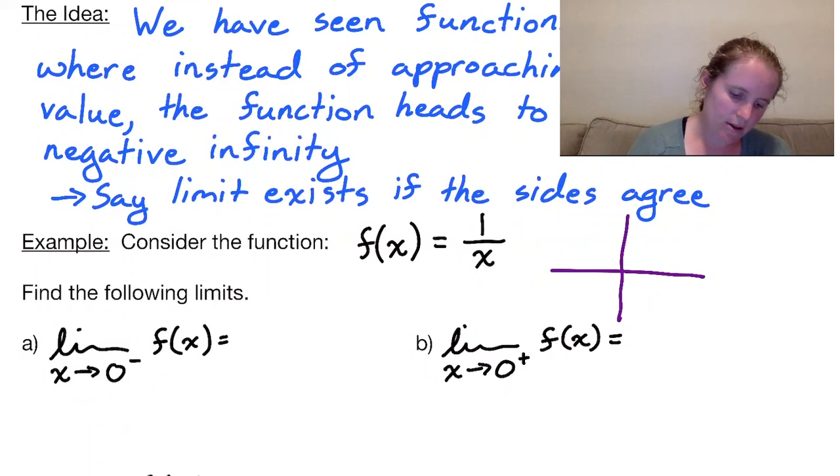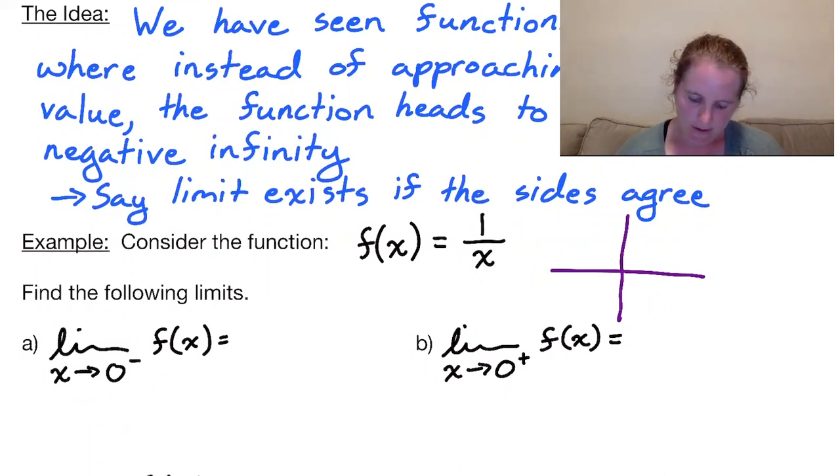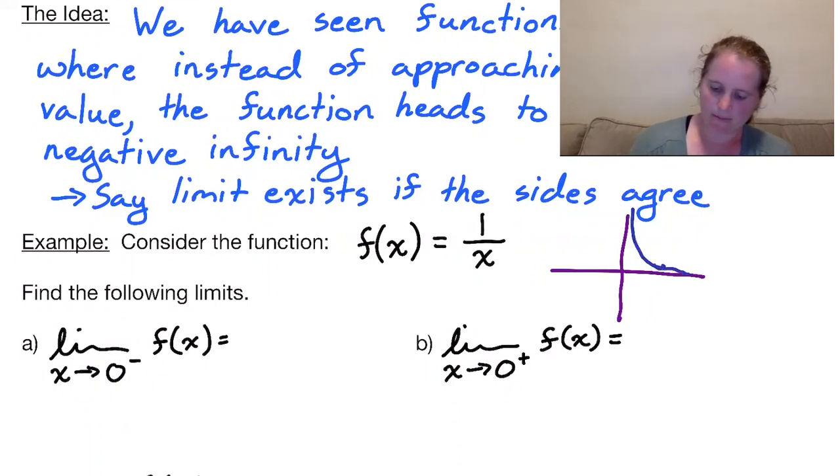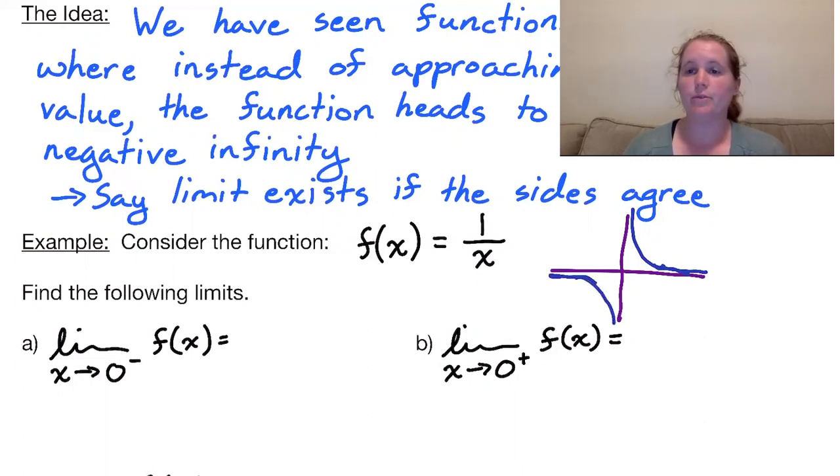And the function itself heads off to positive infinity when x is close to 0, and then heads towards 0 when x gets large, and starts close to 0 and then heads towards negative infinity if we plot the values. If we divide by large numbers, we wind up with a small answer. And if we divide by small numbers, we wind up with a large answer.